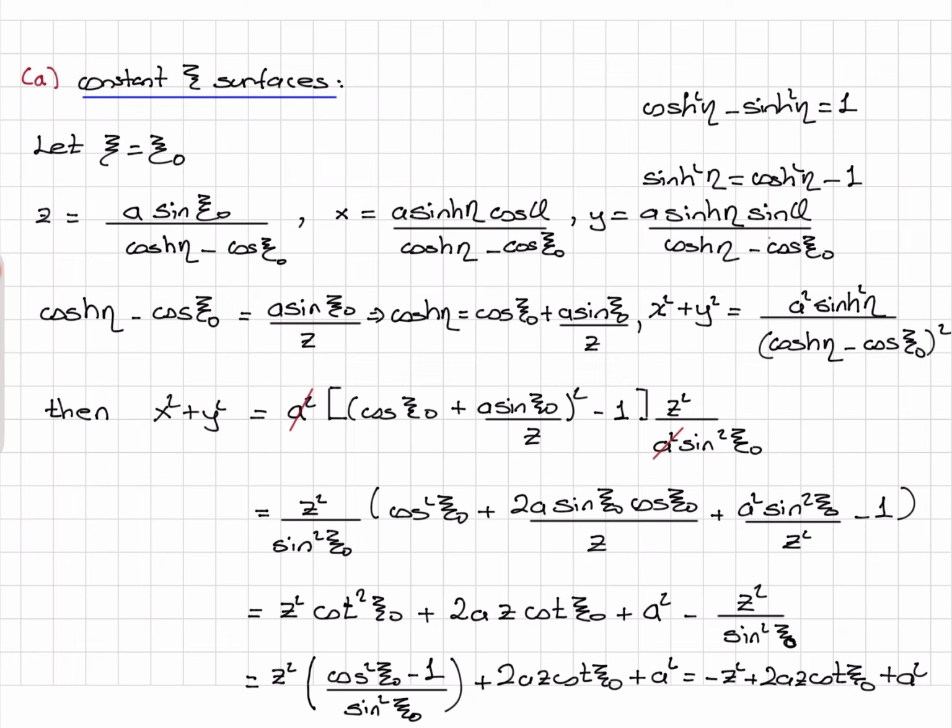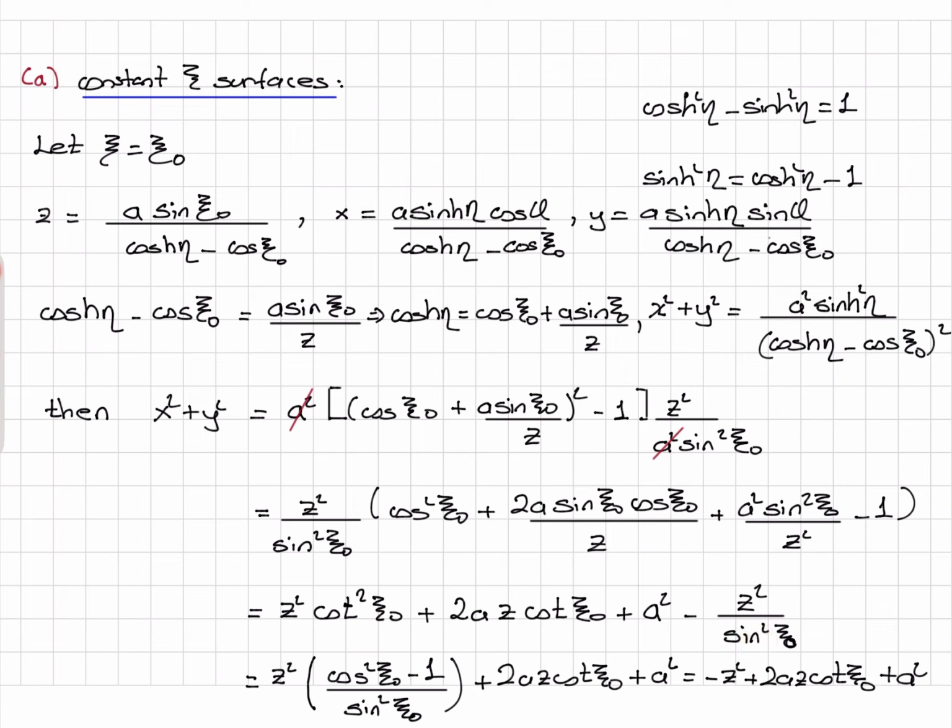And for the sine hyperbolic square, I have substituted cosine hyperbolic square minus 1, where cosine hyperbolic is given by this expression. So after some cancellations here and noting cosine over sine is cotangent, I have obtained this equation.